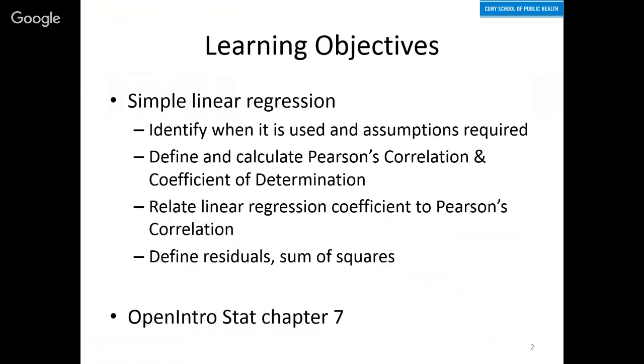By the end of today, you should be able to identify simple linear regression, the assumptions required when it is used, and also define and calculate Pearson's correlation and coefficient of determination, which are related to linear regression, and define residuals and sum of squares, which are used in the calculation of linear regression and Pearson's correlation results. And all of this is from chapter 7 of your textbook.